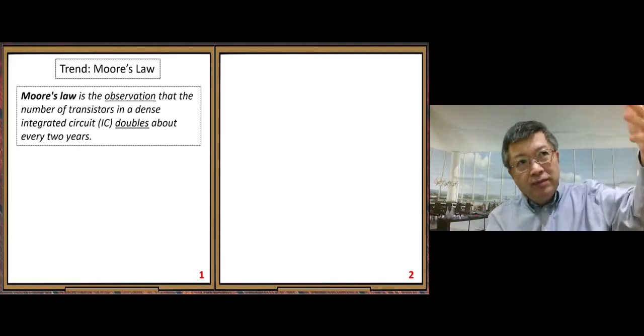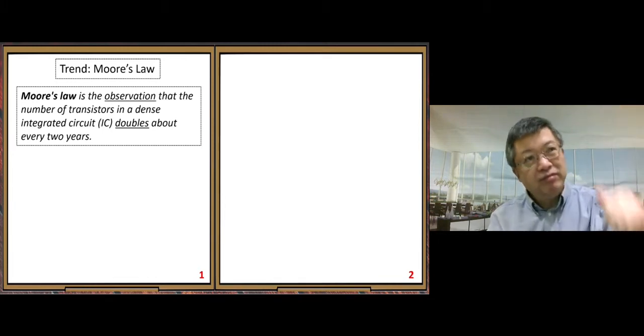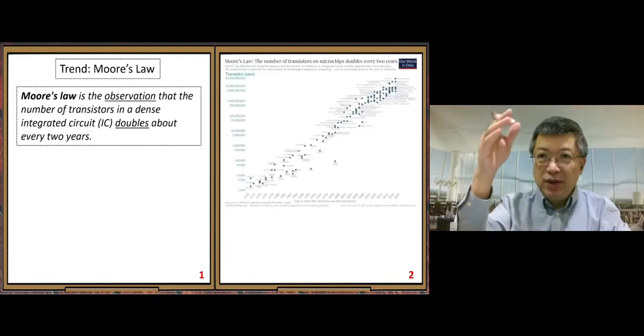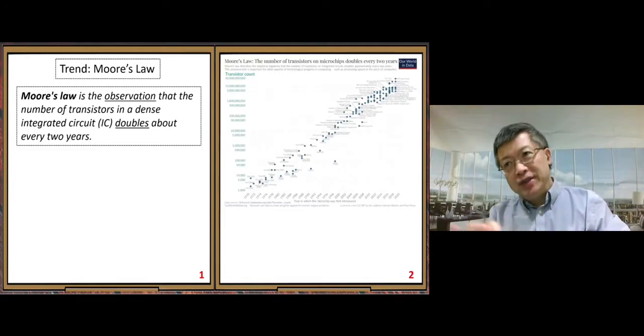It came from observation. Here you see this observation or experience or statistics, based on the history data. Look at this picture.